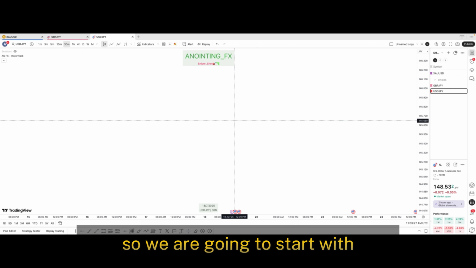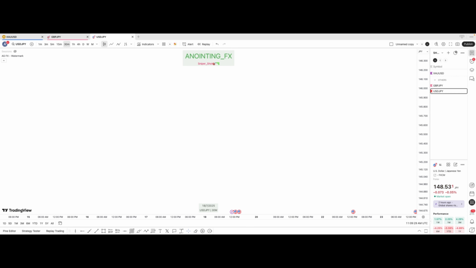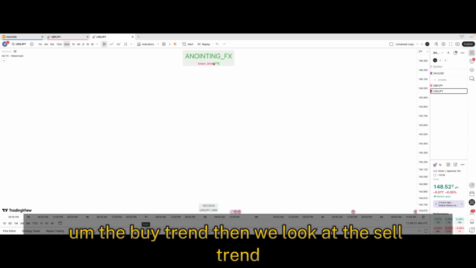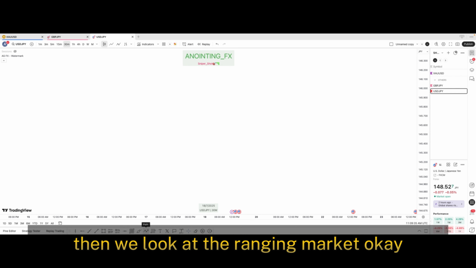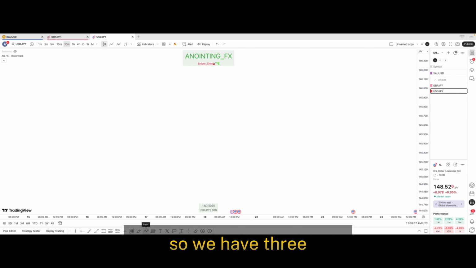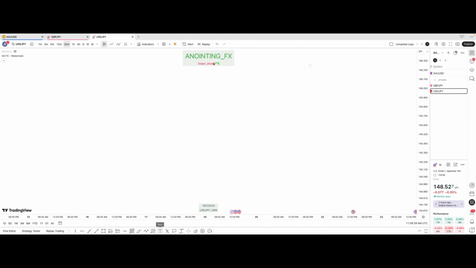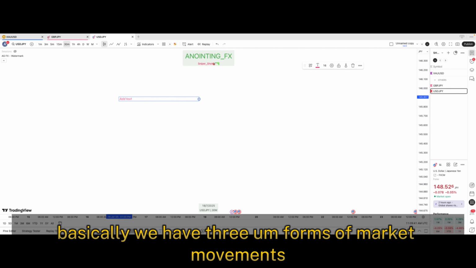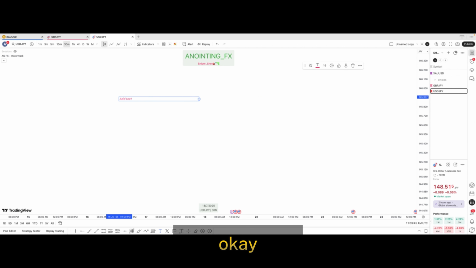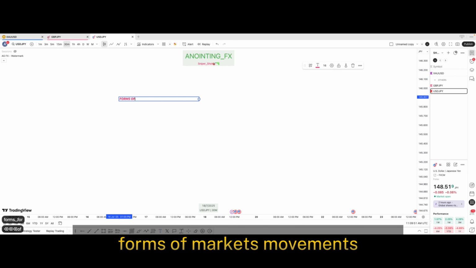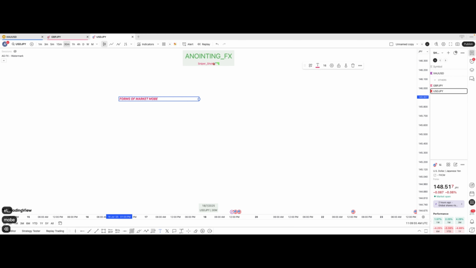So we are going to start with the buy trend, then we look at the sell trend, then we look at the ranging market. We have three forms of market movement.